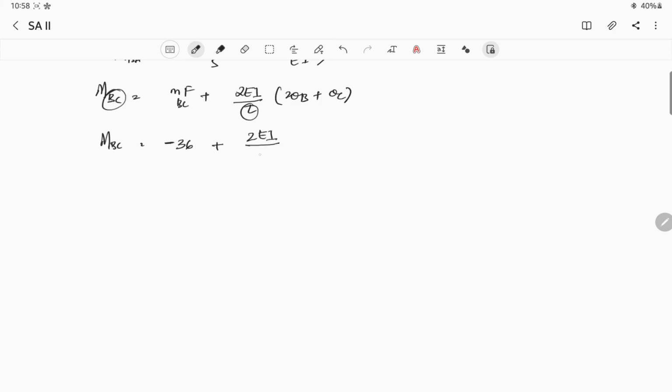We take the span of BC, 12, into 2 into 37.11 by EI, this is the value of theta B, plus minus 37.11 by EI, this is the value of theta C. Once you solve this one, you will get the value of MBC. MBC is equal to 29.815.